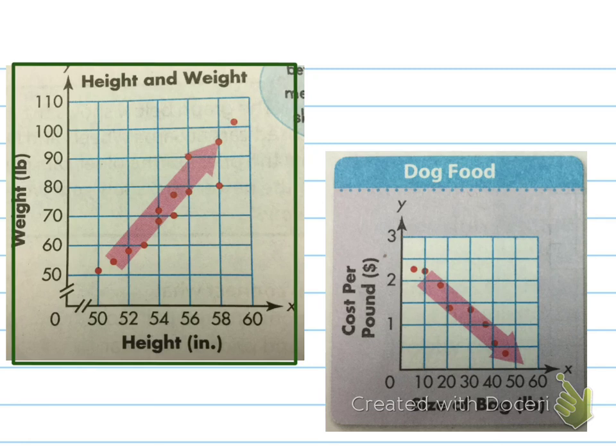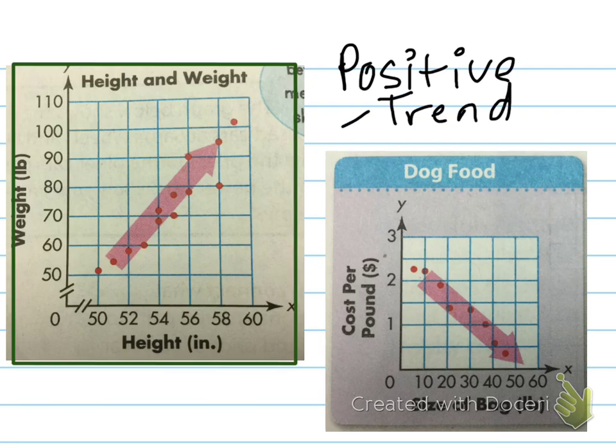So you'll notice that as we go along the x-axis, the points go up on the y-axis as well. And so the arrow indicates that we have a trend. And when both values are going up, the x is going up while the y is going up, we call this a positive trend. So when we have a positive trend, the arrow goes in that upward direction.